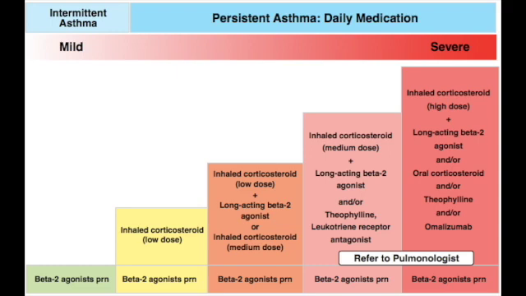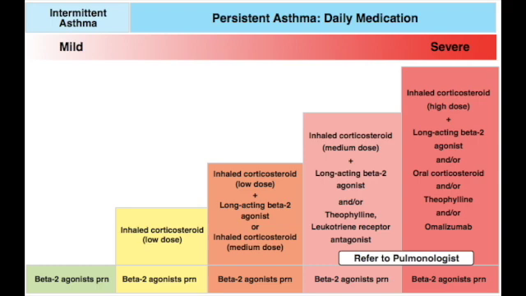The nighttime awakenings are under 2 times per month. And the FEV1 is over 80% predicted. For mild persistent, the nighttime awakenings are 3 to 4 times per month, and again, the FEV1 is still over 80% predicted. And you want to do the low dose ICS.